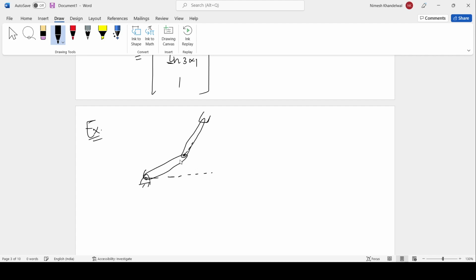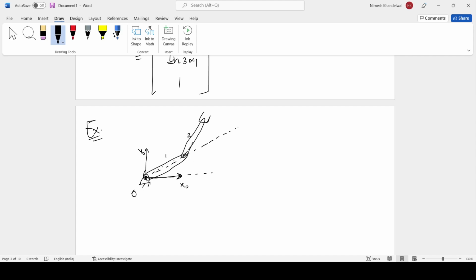First we will assign some coordinate frames. This is link 0, the ground link. Then this is link 1, and this is link 2. We assign the 0th frame right here: this is x0, y0, and z0 is coming out of the plane.